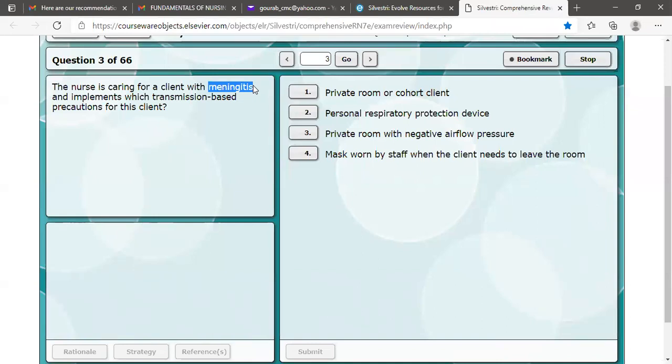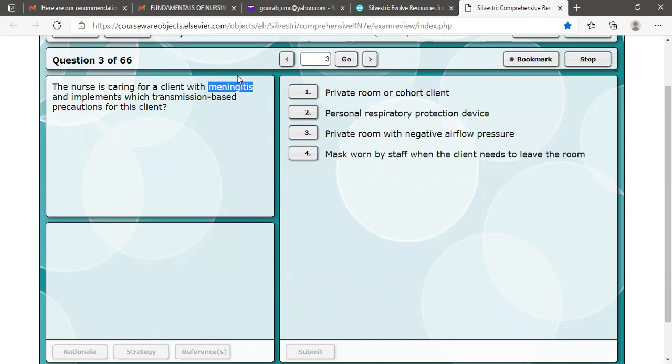If anybody has meningitis or other droplet-precaution diseases like bacterial pneumonia, epiglottitis, pertussis or whooping cough, mumps, or rubella, what do we have to follow? In case of meningitis, we basically wear surgical masks when giving service within 3 feet of the patient.